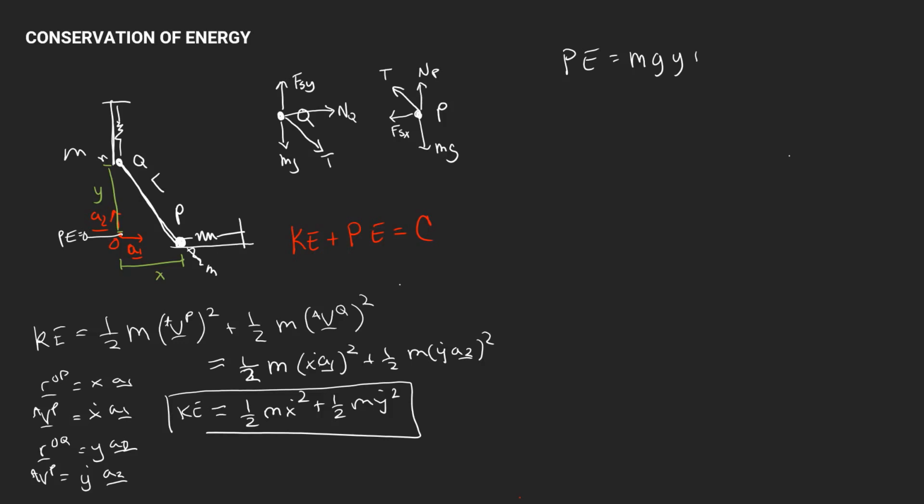Next, we have to consider the spring forces. So if we look at our spring FSY, the one that's attached to Q, we have 1/2 K, and the resting length of that spring is equal to L, and then the displacement, right?